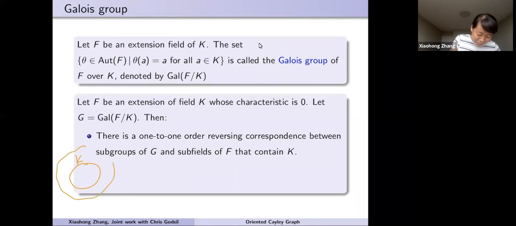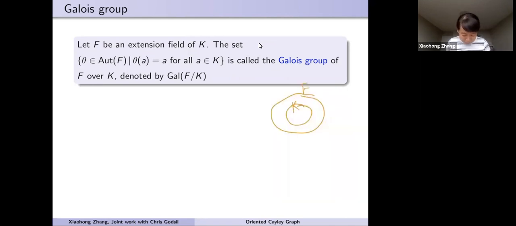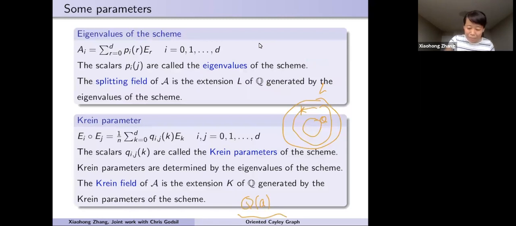I think we use this to denote the ring over Q generated by A. Here we are using these parentheses.